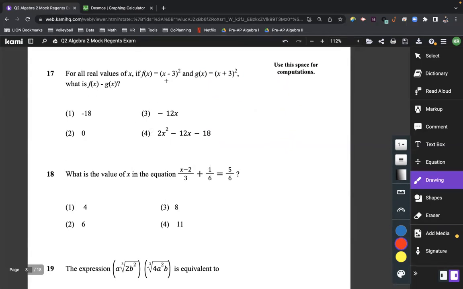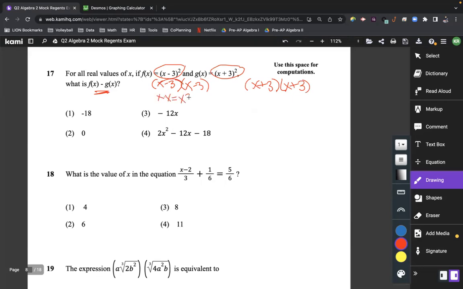Now, this FOIL situation just kept reoccurring on the exam because we cannot let y'all live without knowing how to FOIL properly. So I can't subtract the two functions until I FOIL them out. So I got x minus 3 times x minus 3, then I got x plus 3 times x plus 3. Okay?